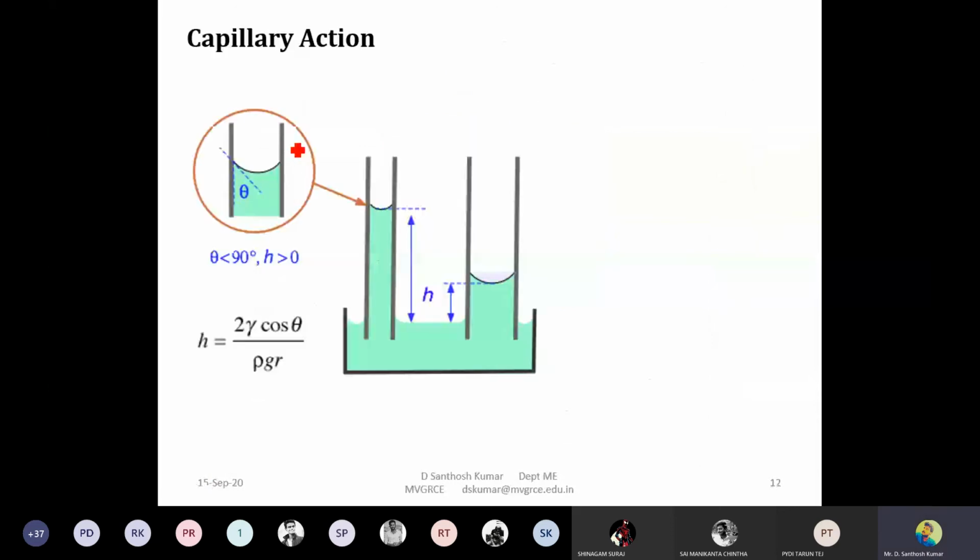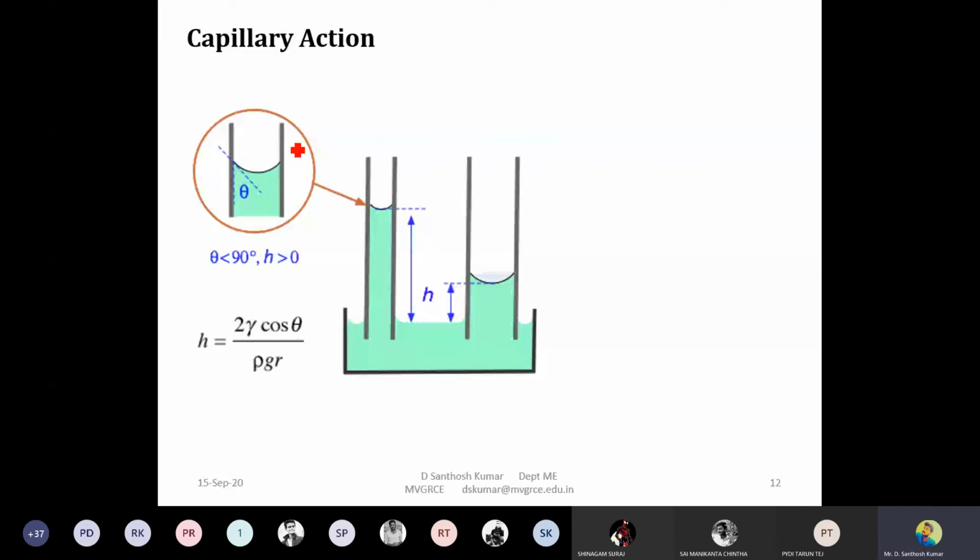Another one is capillary action. This will also be very helpful. If you take any kind of solid surface, and the solid surface has any defects or flaws, obviously once the liquid spreads over the surface, it will simply seep into that particular discontinuity.